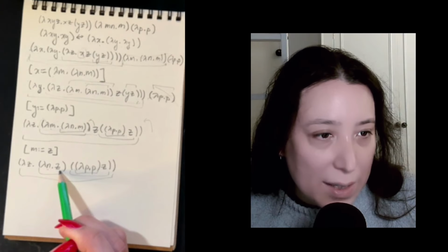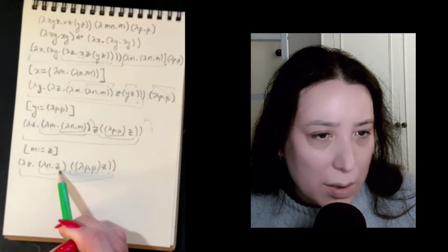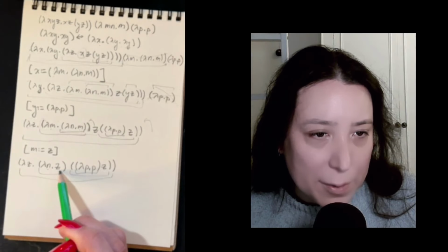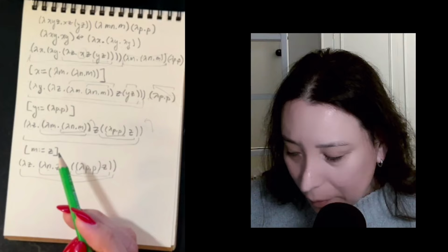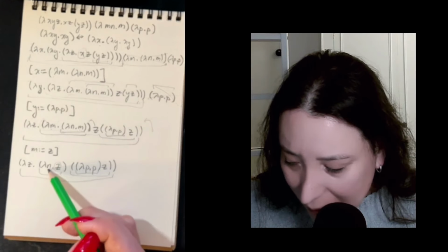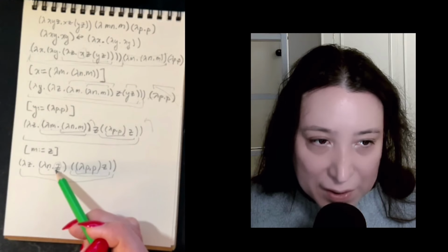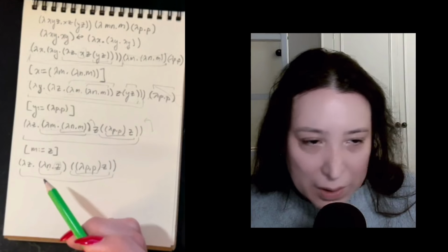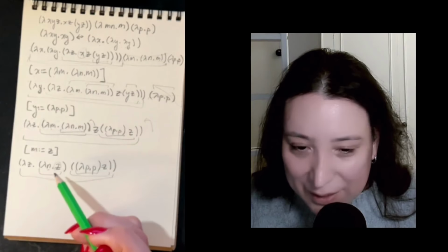Let's see, free variables. If there is a variable in the body that's not named in the head, so you see this is named in the body, it's not named in the head, this is called a free variable because you can't substitute it, right?